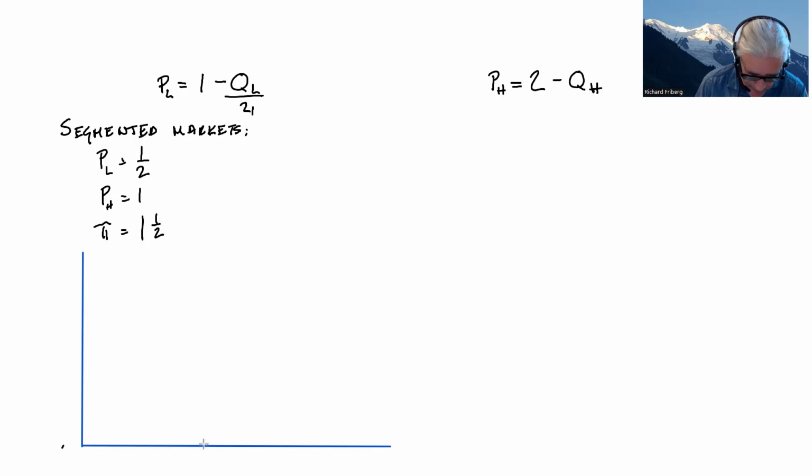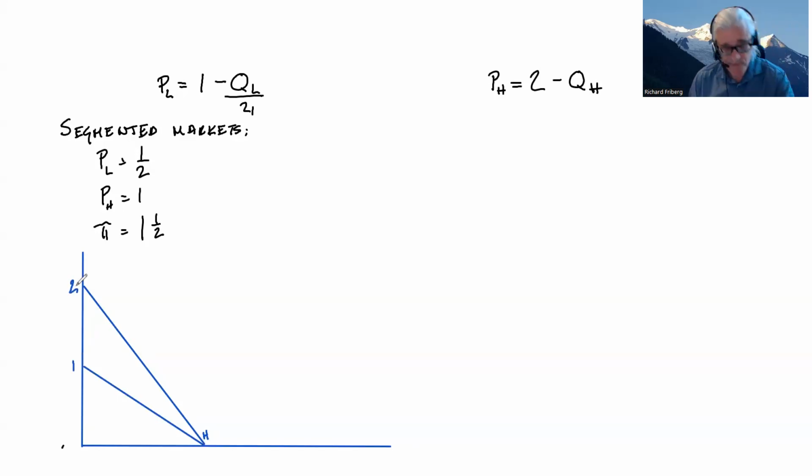So we're thinking first of the H group, the high group, and we had the inverse demand curve for the low group. So we had something like this, right? Where intercept here, 1, intercept 2. So we're now thinking, what's the combined market demand curve if we're combining these two?